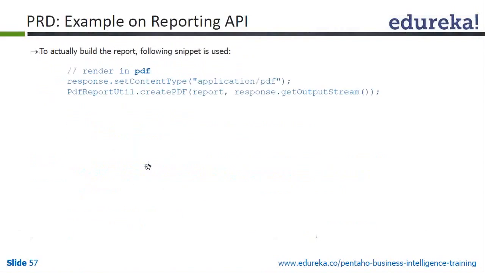Once you are done with this setting, you have to set the content type, whether you want the report generated in PDF, HTML, or Excel. We are setting it as application/PDF on this next line, and then we are creating the PDF. PDF report util.create PDF converts the response.getOutputStream to PDF.